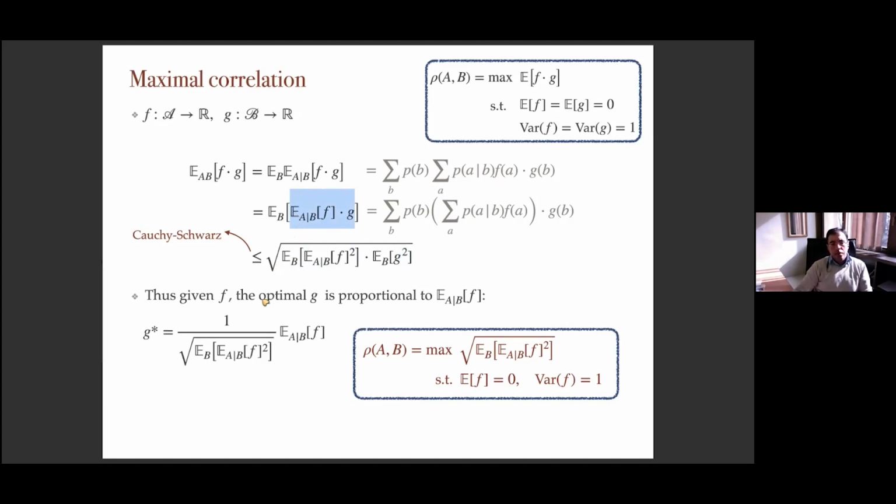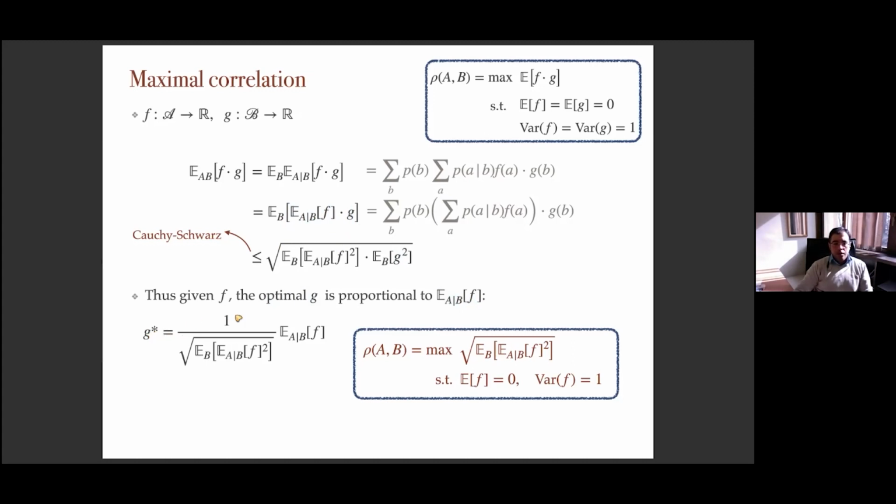Okay, what does it mean? It means that if I fix F and try to find the optimal G, the answer would be a G that is proportional to this function here. So if I fix F and compute this conditional expectation, I get a function of B. Then this Cauchy-Schwarz inequality tells me that the best G that I can choose is some number times this guy here.